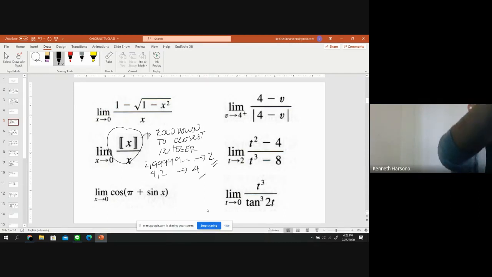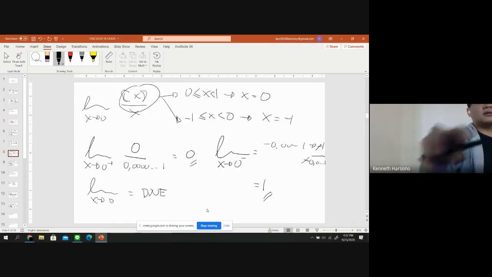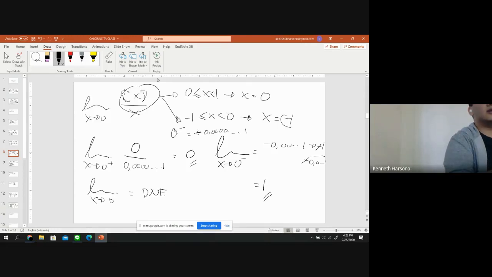For the limit approaching 0 minus, which is this one, 0 minus is less than 0, right? So it's something like -0.0000001, and that's rounded to -1. And if it's 0 plus, it's rounded to 0.